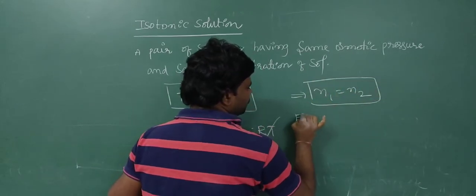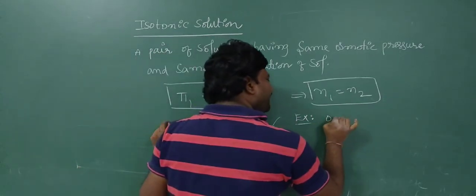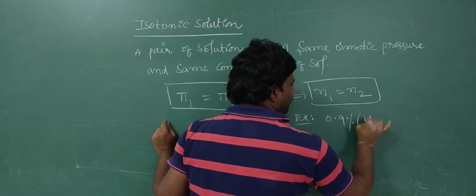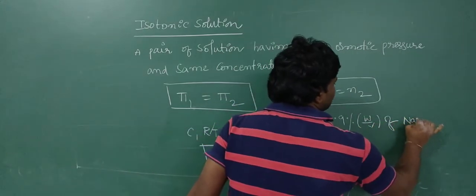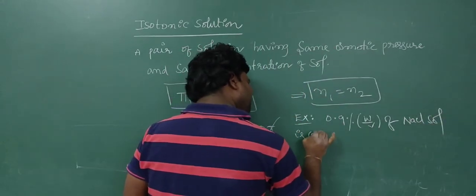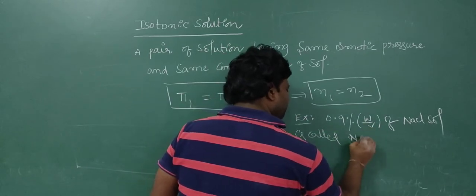So for example, 0.9 percent weight by volume NaCl solution is called normal saline water.